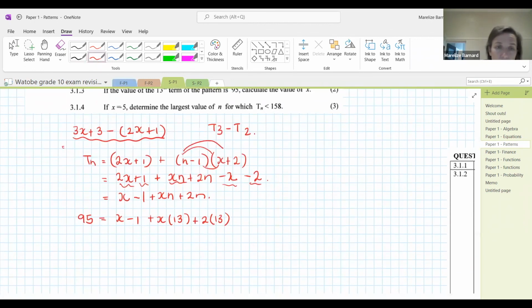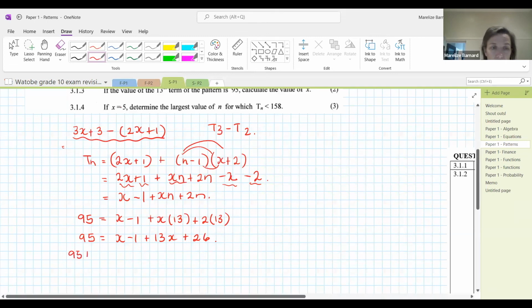Okay, so that leaves us with a very easy linear equation to solve. x minus 1 plus 13x plus 26. And I'll put x's together and numbers together and take it to the other side. So 95 plus 1 minus 26 is equal to x plus 13x, which is 14x.